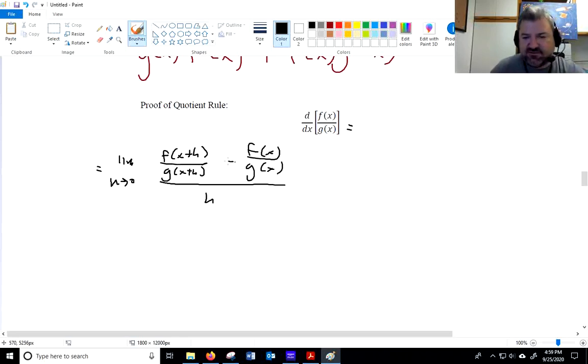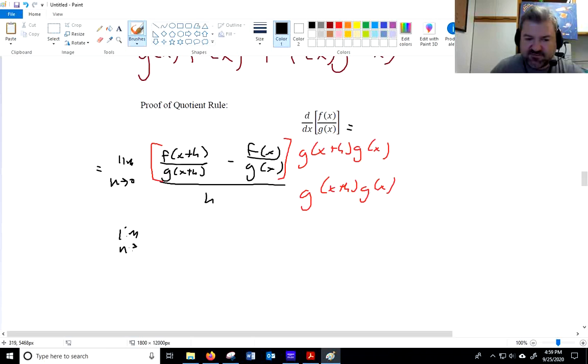Well, I am actually going to just get rid of my stacked fractions. I mean, when we practiced taking the limits, we knew that when we saw these stacked fractions, we just need to simplify them. And so that's a good place to start, right? Let's do that. And what does that give me? Well, that gives me the limit as h goes to 0 of f of x plus h times g of x.